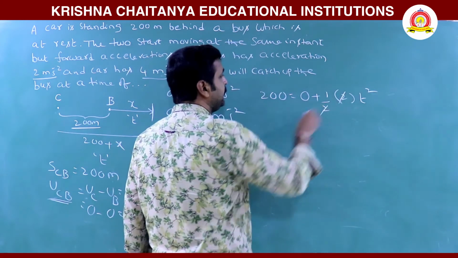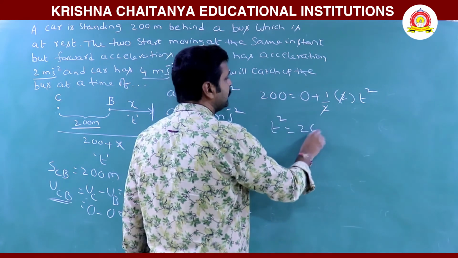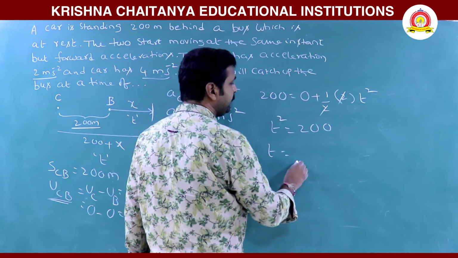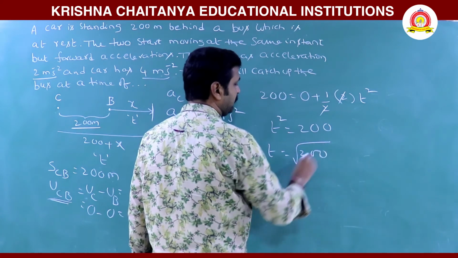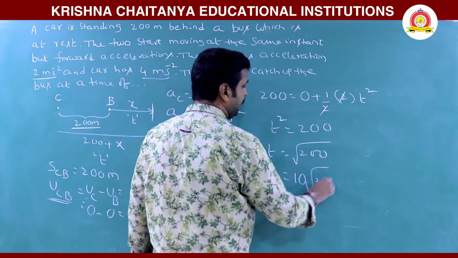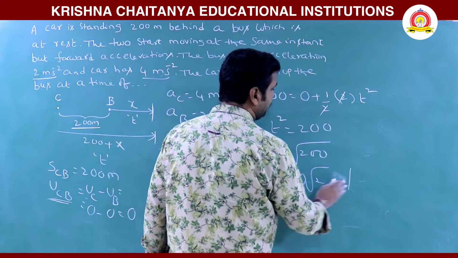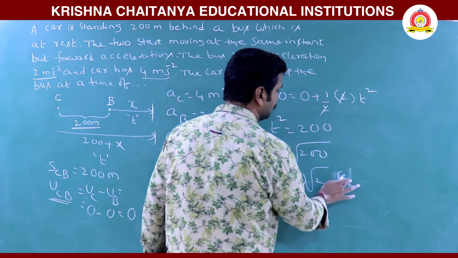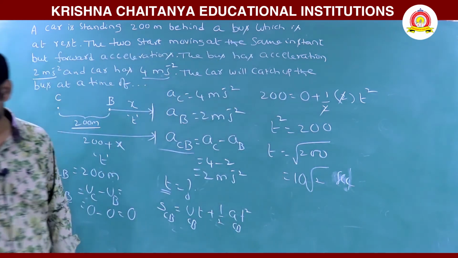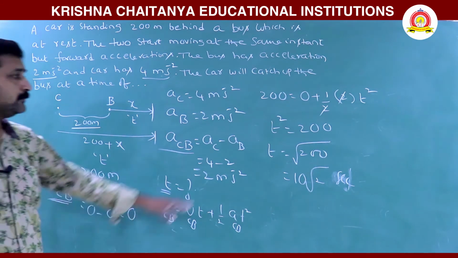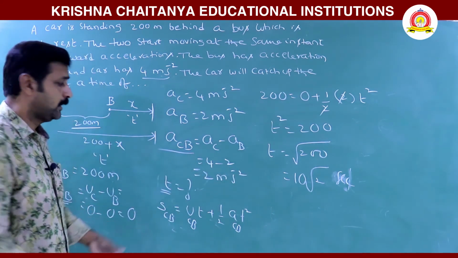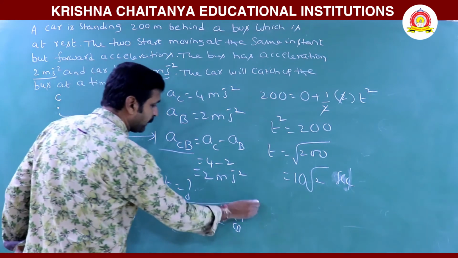So directly, t squared is 200, t is root 200, which will be 10 root 2. Here this is in seconds. So the time we derived is this one, using only one formula.